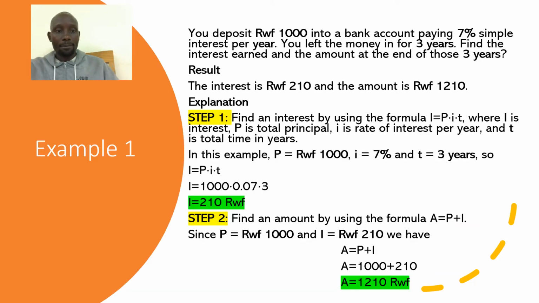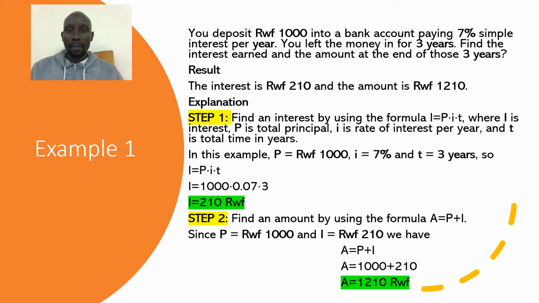All right, let's have the first example. We are going to assume that you deposit Rwandan francs 1,000 into a bank account which pays 7% simple interest per year. Then you leave the money in the bank for 3 years. Then you have to find the interest that you earn on that amount at the end of the 3 years.